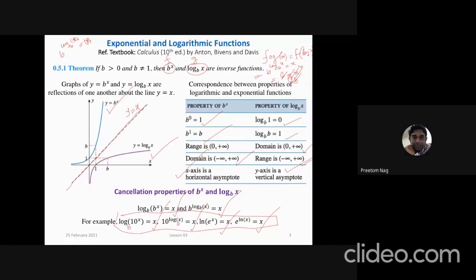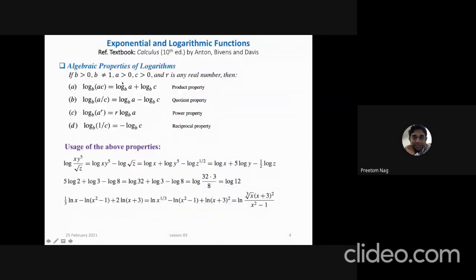Right. So now we'll move to some mathematical calculations like algebraic properties of logarithm. So I think all of you know these algebraic properties of logarithm. If we have the logarithm of the product of two numbers, right? So that can be written as log a base b plus log c base b. Yes.